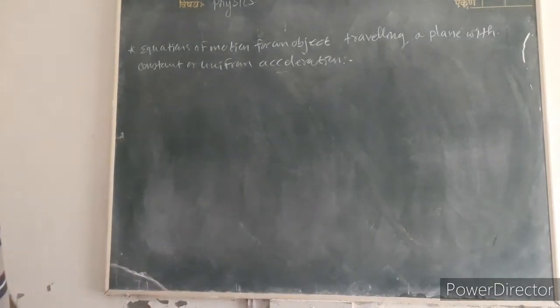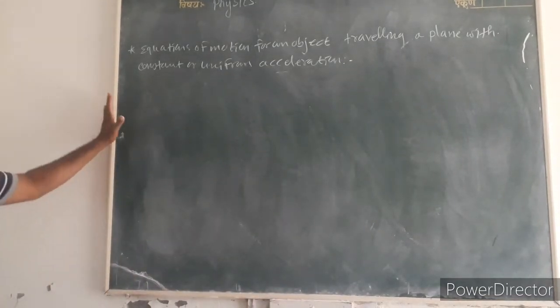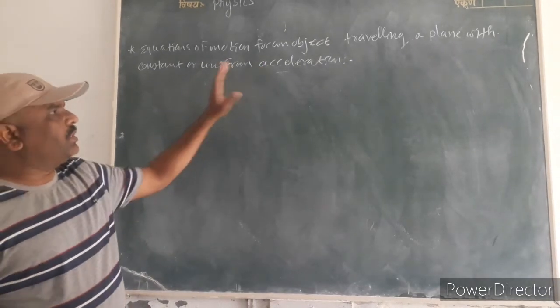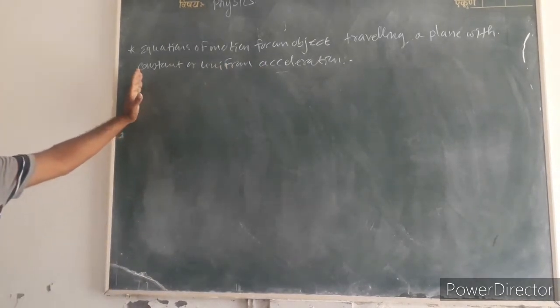We define the three kinematical equations or equations of motion for an object traveling in a plane with constant or uniform acceleration.